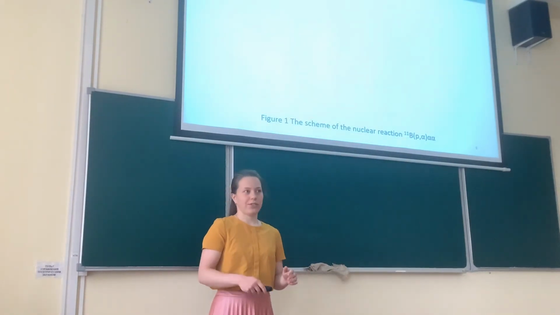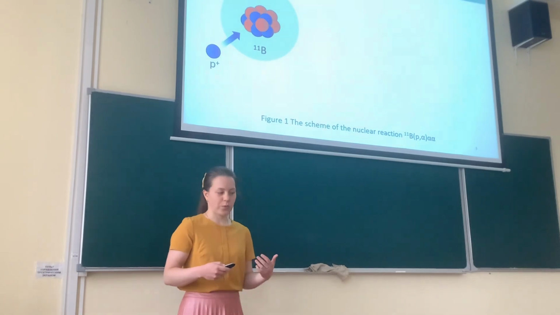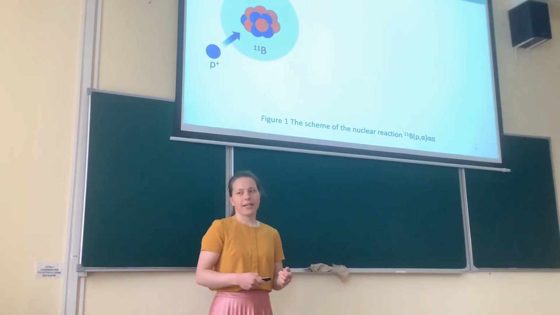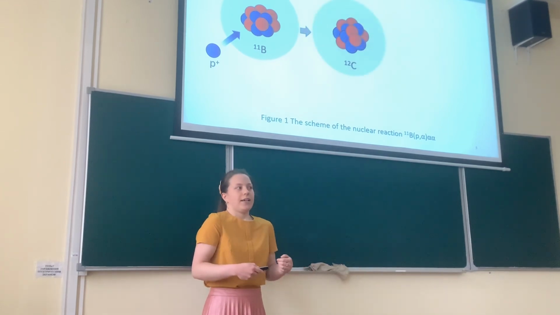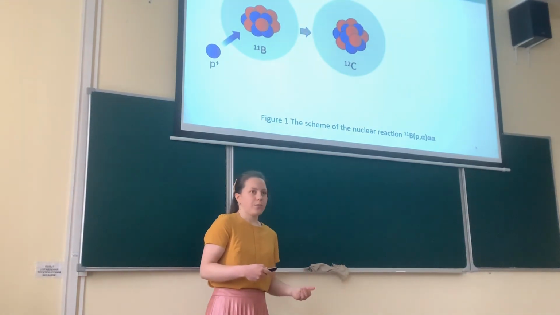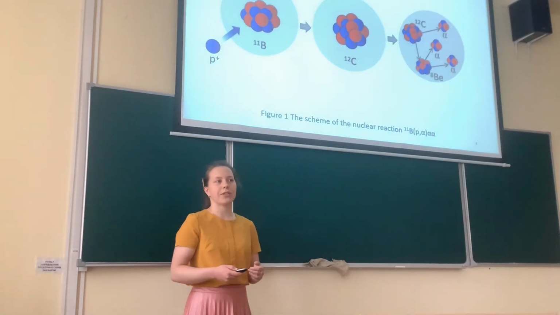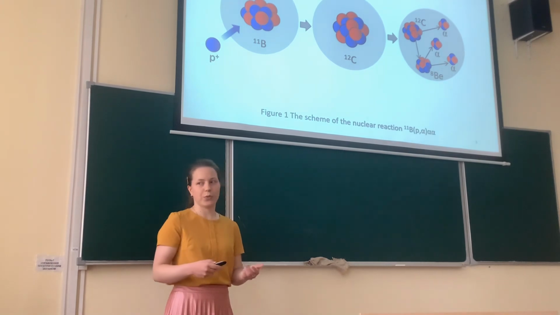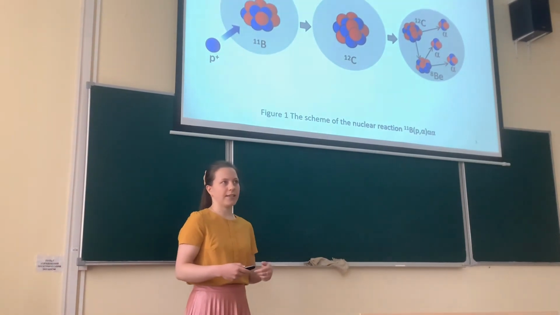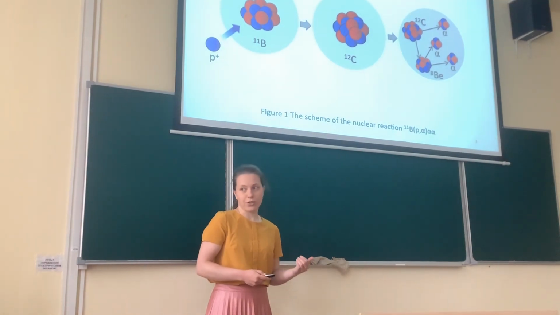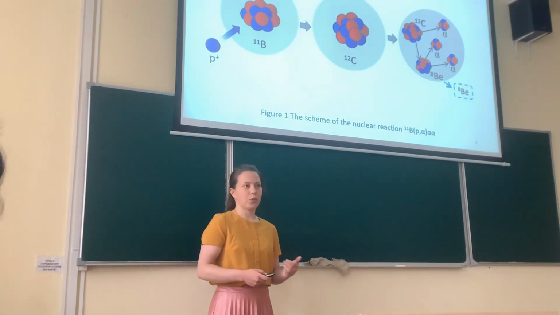Well, when a proton interacts with the boron isotope boron-11, it creates a carbon-12 atom in an excited state. The carbon then breaks up into an alpha particle and a beryllium-8 nucleus, which in turn decays into 2 alpha particles.